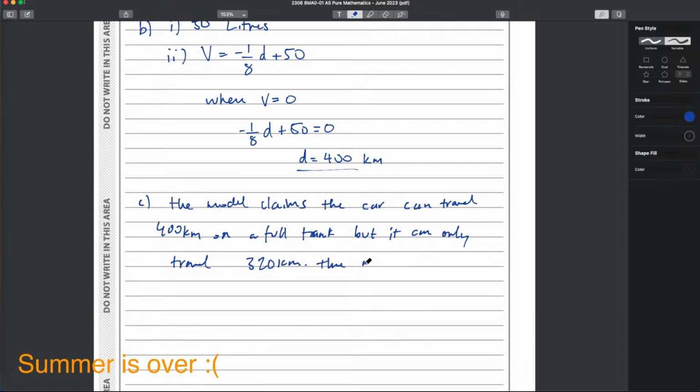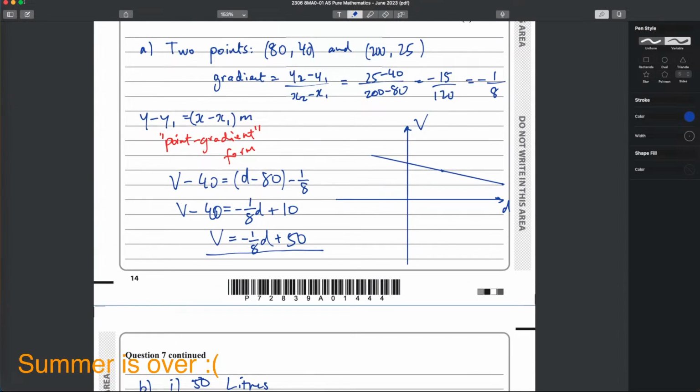The model does not fit the efficiency of the car. Something like that. Okay, so let's check.